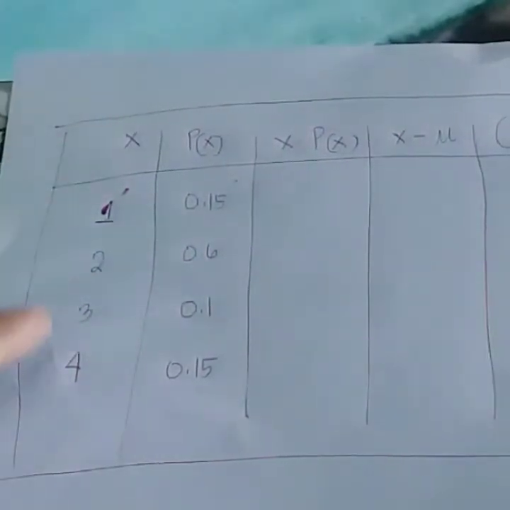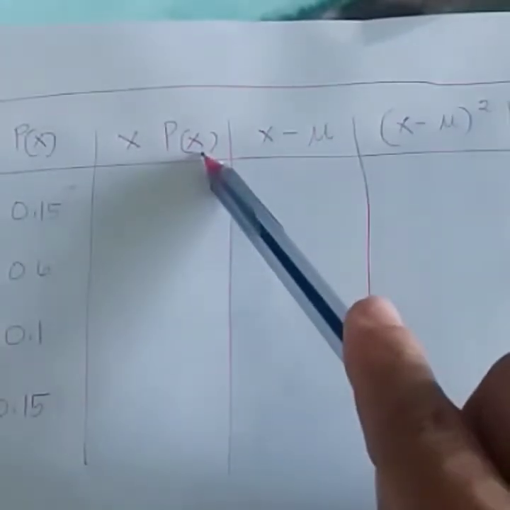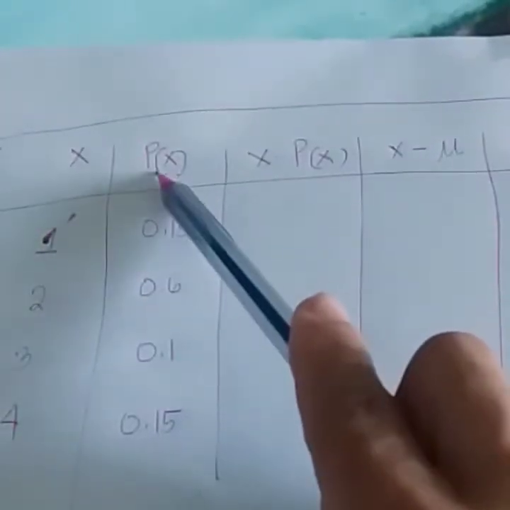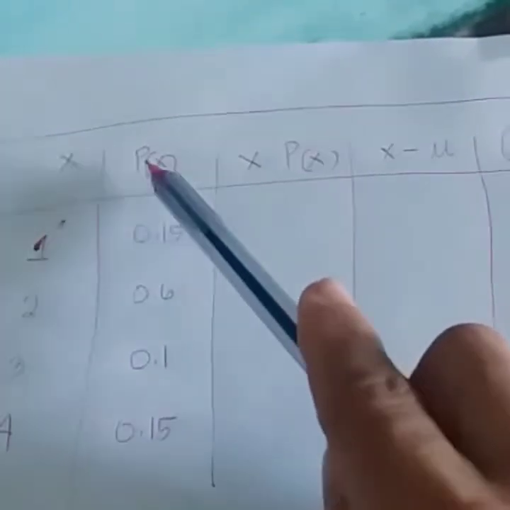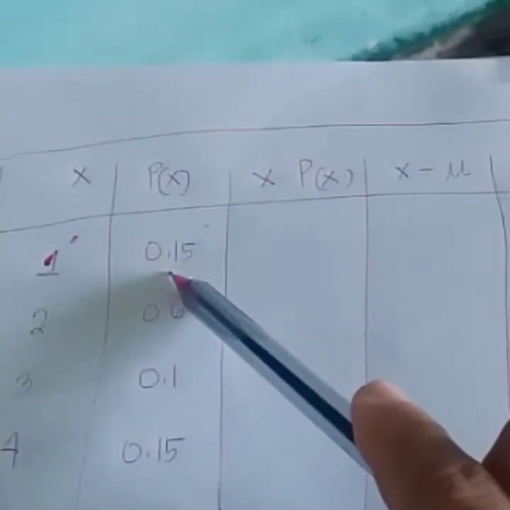So we have here a given set of values. We have the values for the x and the values of the P of x. So we need to find the value of our third column, which is the x times the P of x. So what are we going to do? We have here the given values, so we need to multiply the two given values. 1 times 0.15.